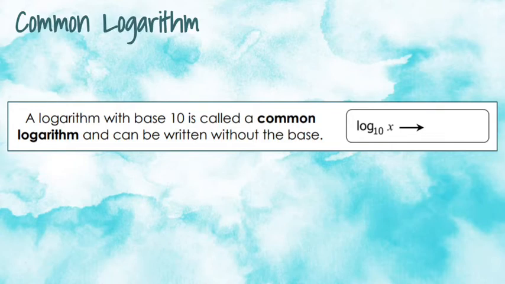So the common logarithm is a logarithm with base 10, and it can be written without the base. Just like a square root is written with an invisible 2, and it's understood to be a 2, if you encounter something that says log of x, that's understood to be base 10.